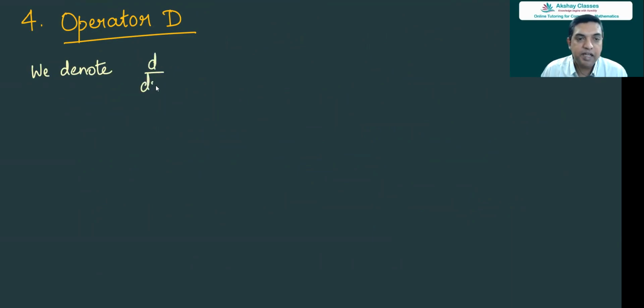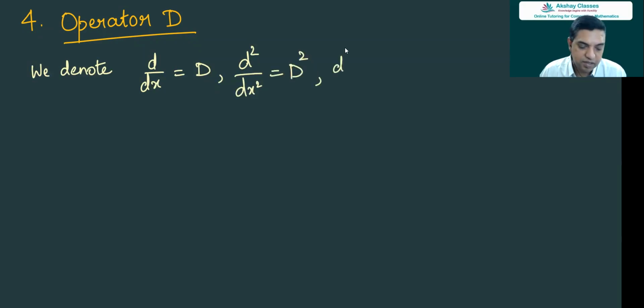Next, we introduce the differential operator. We denote d by dx as D, the second derivative as D square, the third derivative d cube by dx cube as capital D cube, and so on.